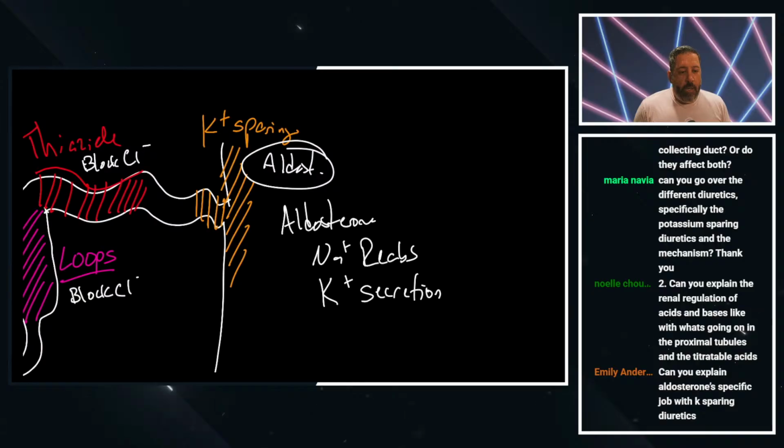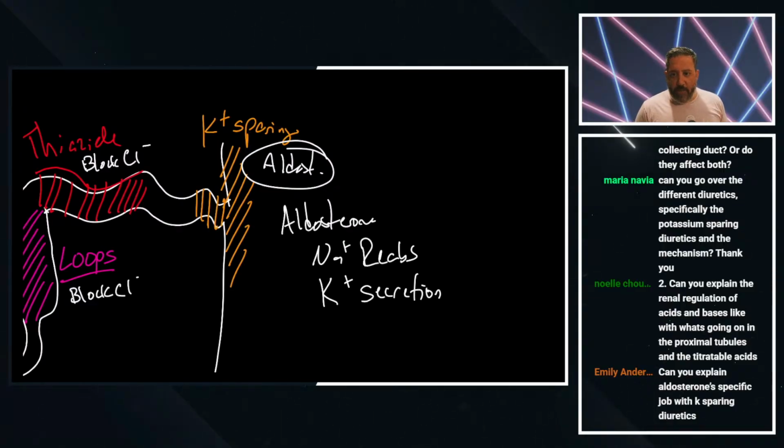Now, normally what aldosterone does is it increases sodium reabsorption and potassium secretion, secreting potassium back into the filtrate, so it's going to lower the potassium in the blood.